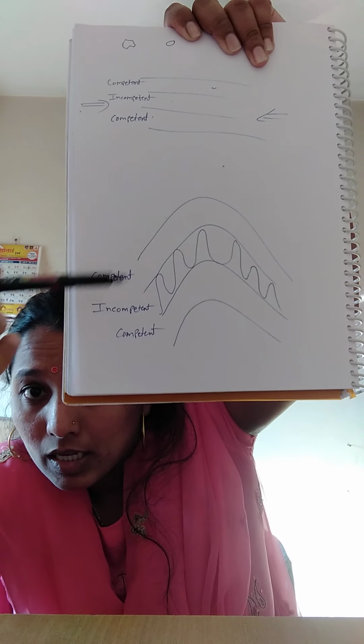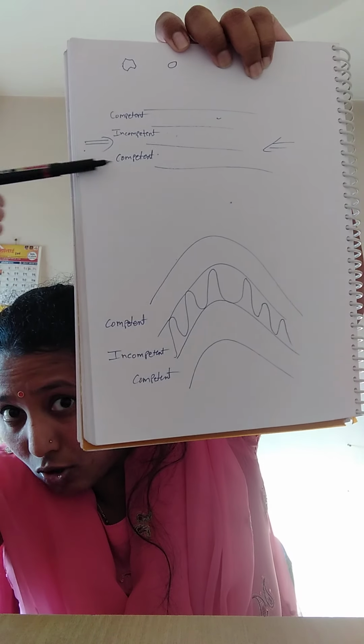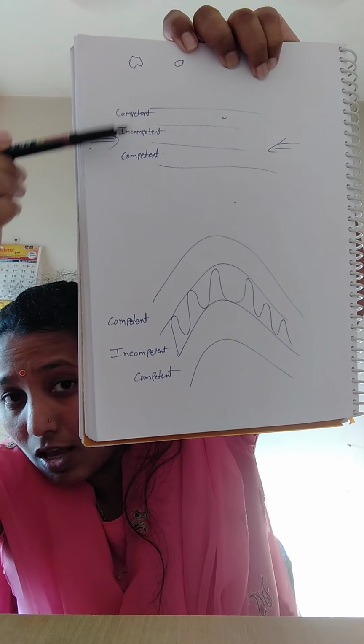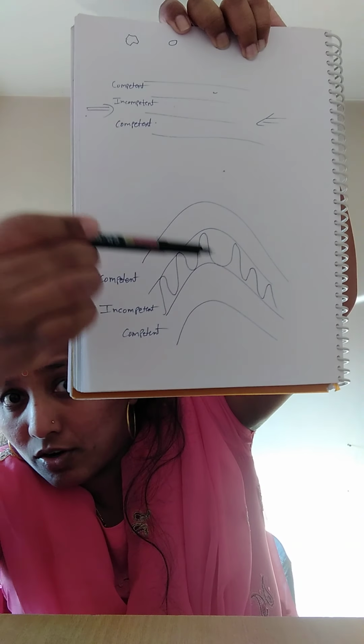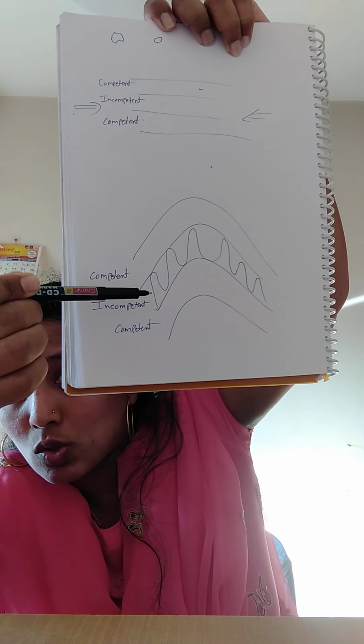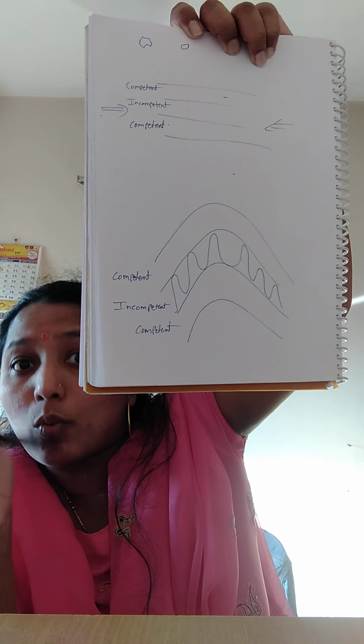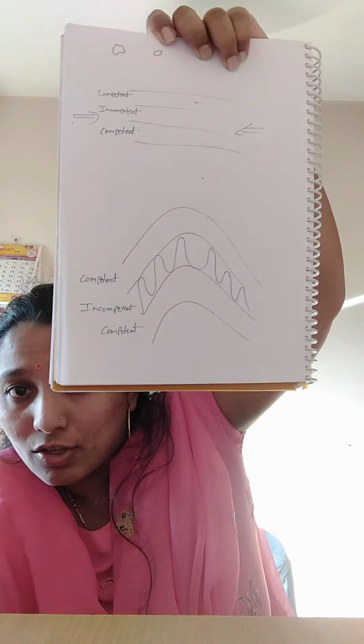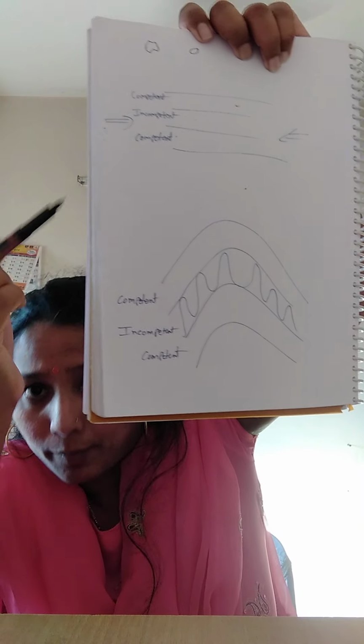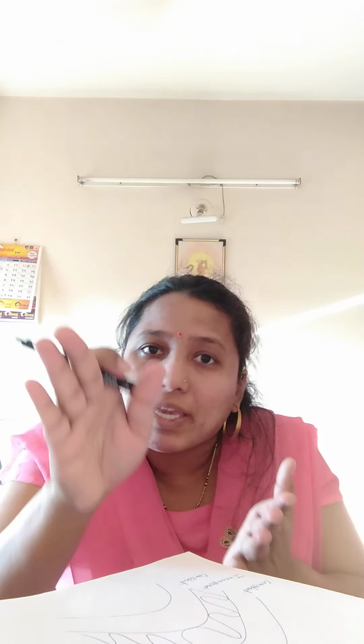Now what has happened? The same thing. See, compressional forces have not just given rise to folding here. They have also given rise to minor folds in case of incompetent rock. Within incompetent rock, they show minor folds. Okay. Now why has this happened? This has basically happened due to slipping, due to dragging. Dragging of what?